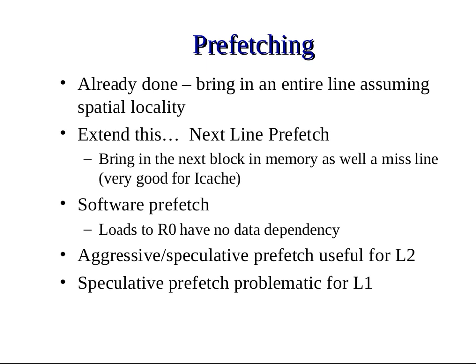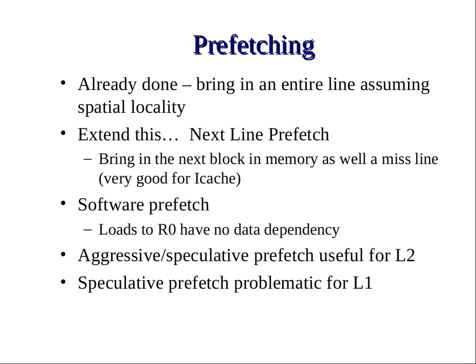You could also, in hardware, once you fetch one cache line and you start reading it, also read the next cache line as well, and that could potentially give you some extra hits. You could also have a software prefetch. Our machines do have an instruction where you can prefetch a line if you know you're going to use it soon. That way it will be in the cache.